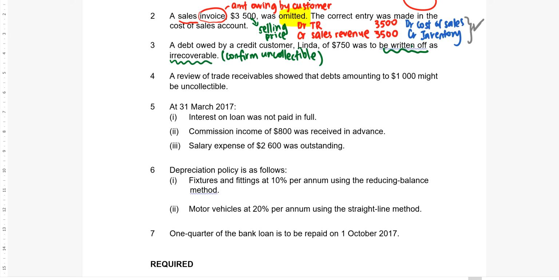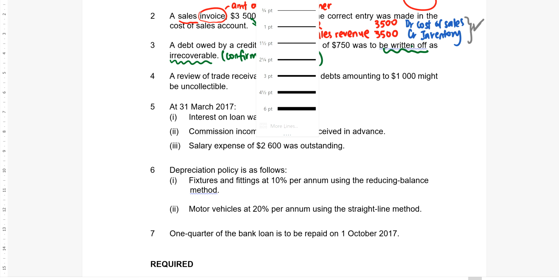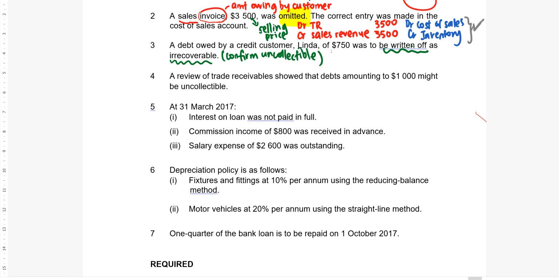Our journal entry is actually debit allowance for impairment of trade receivables, credit trade receivables, Linda. So the amount is actually $750.